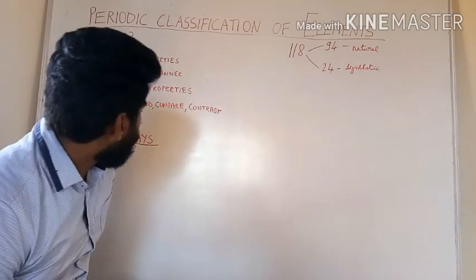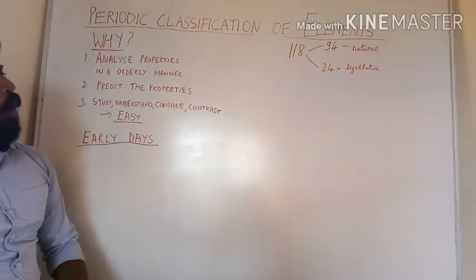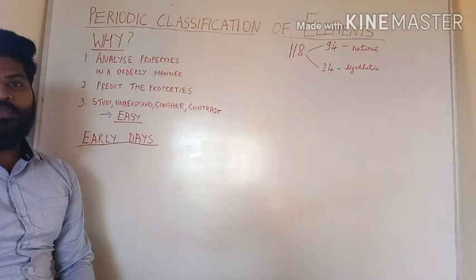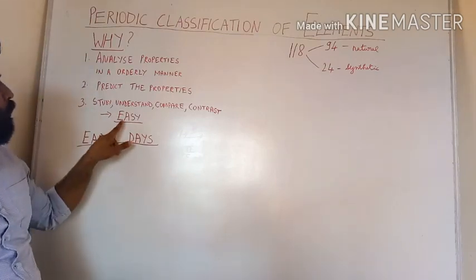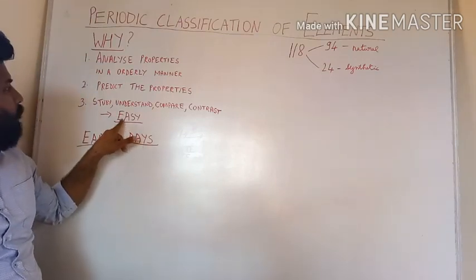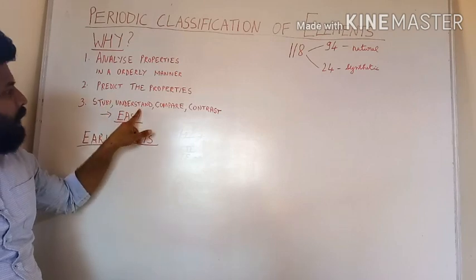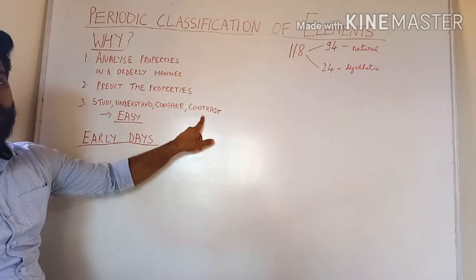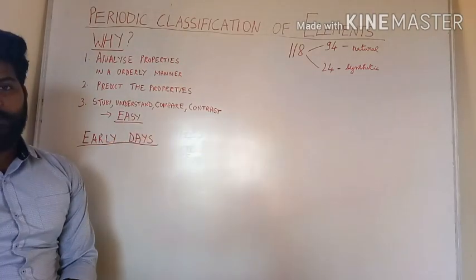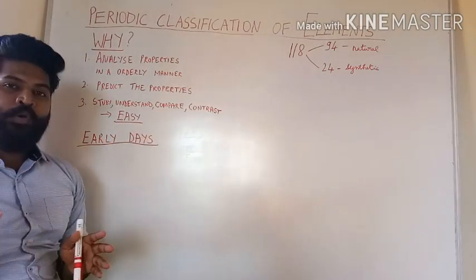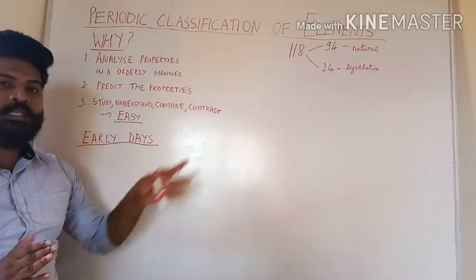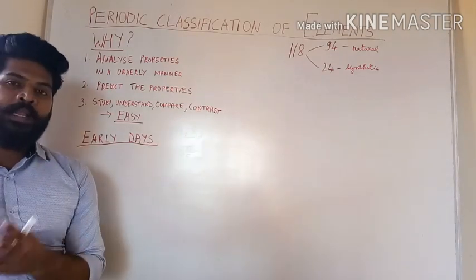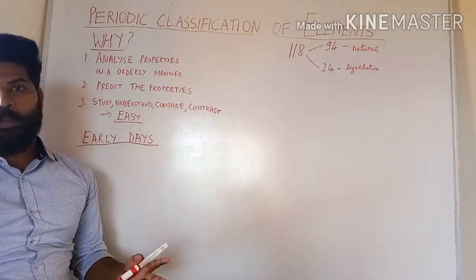Now, what are the objectives of classification of elements? As I already told you, it makes the study, understanding, comparing and contrasting of the elements very easy. For example, you want to compare and contrast the physical and chemical properties of two different elements.